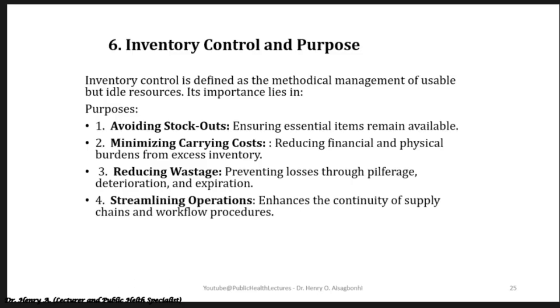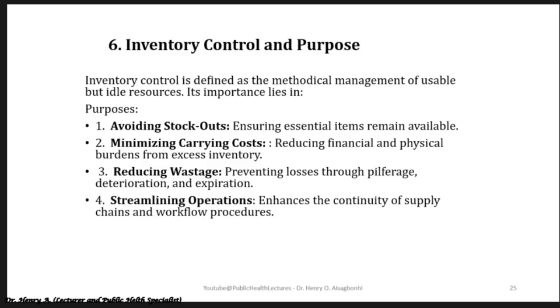Now that we have discussed inventory management, let's talk about inventory control, which is more about discipline and regulation. Inventory control means systematically managing what's in stock to minimize waste, optimize resources, and maintain smooth operations. We will see the purposes of inventory control.